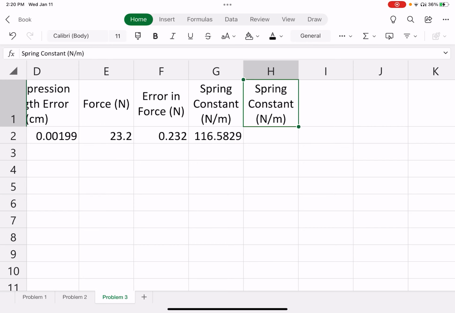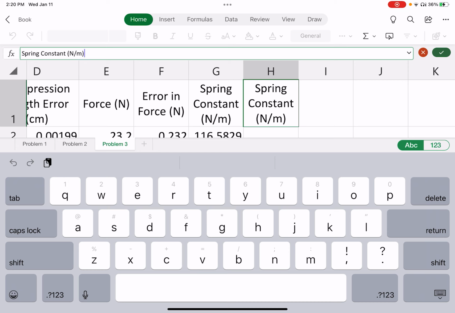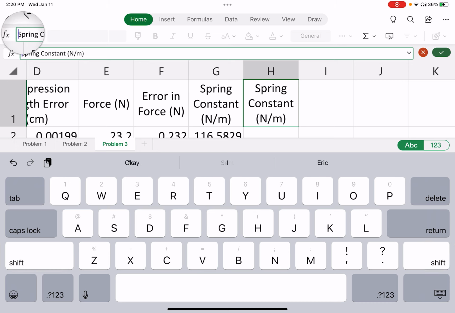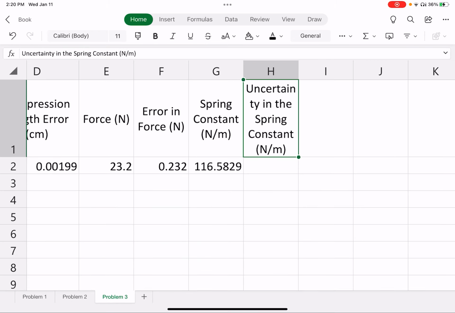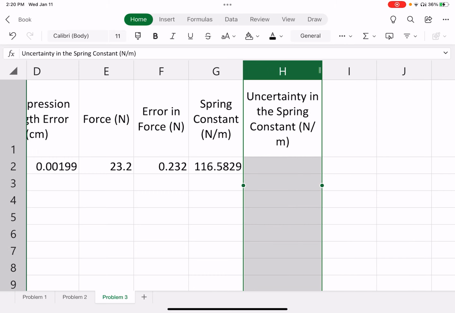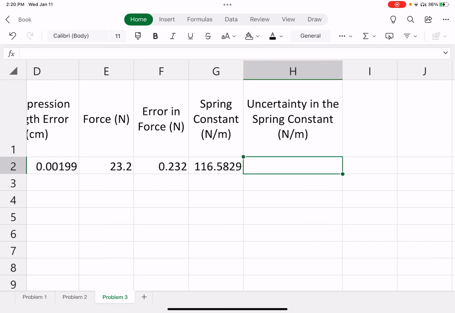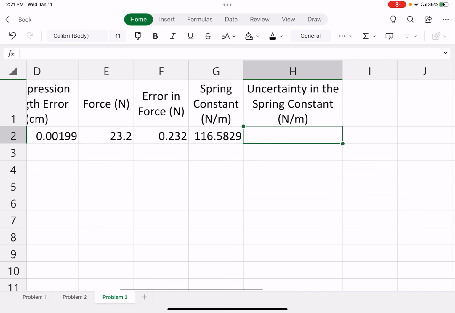All right, and so we want to know the uncertainty. Let's just make this a little bit bigger. So how do we do that?